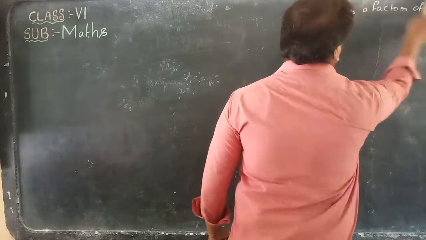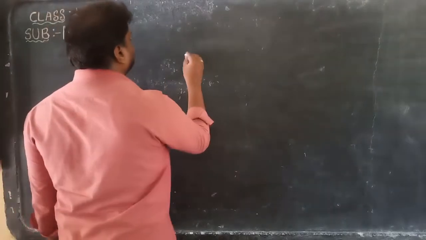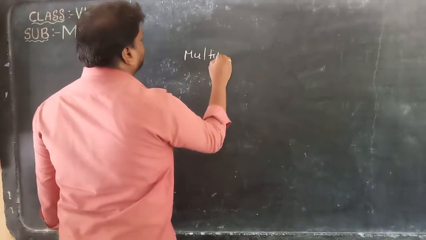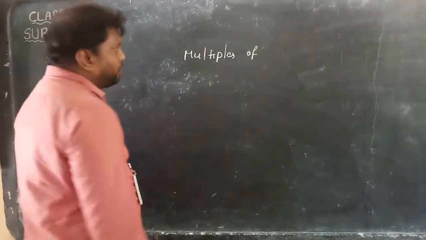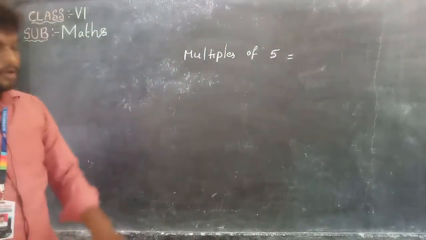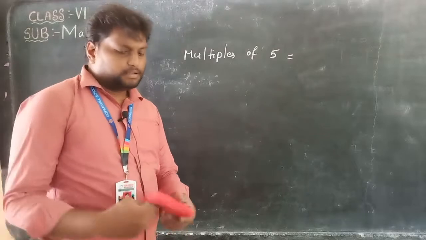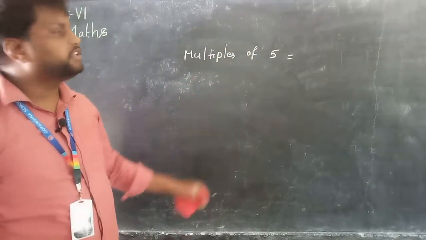Some more multiples we will observe. Multiples of 5: we multiply each and every natural number with 5.